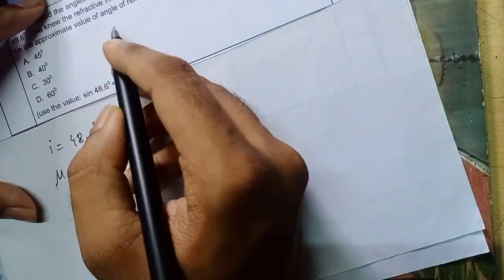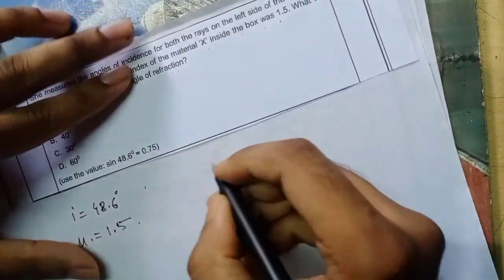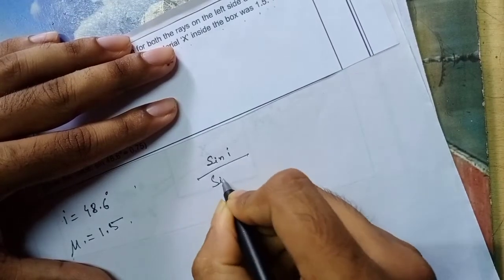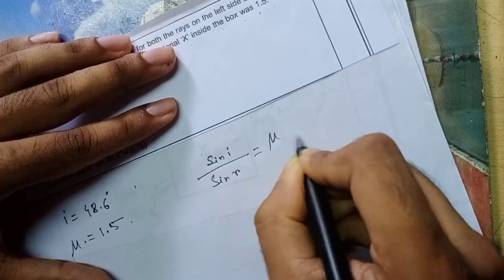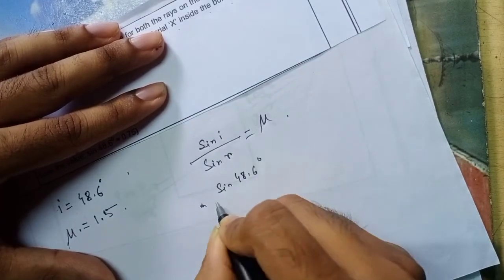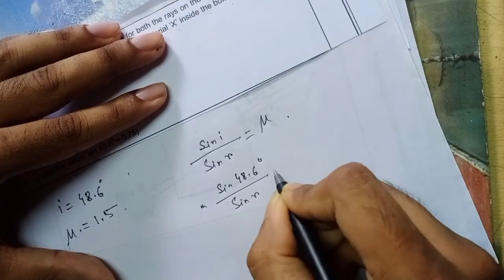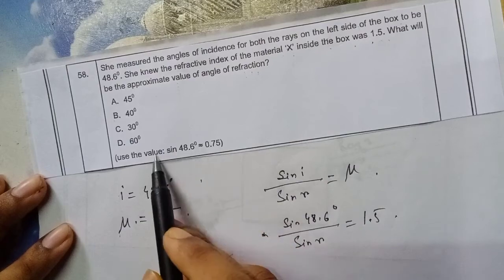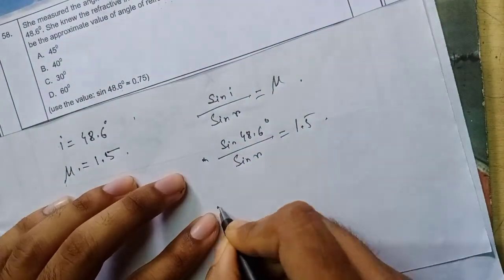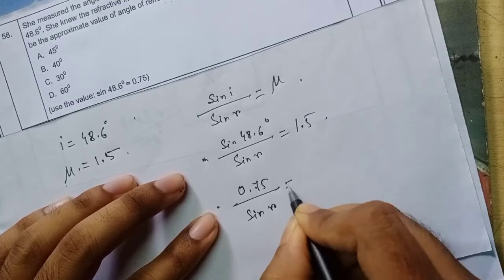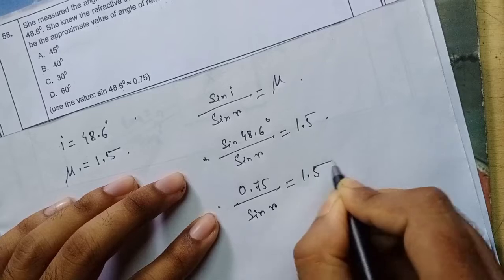So what will be the approximate value of refraction? We know that sine of angle of incidence by sine of angle of refraction equals mu, or sine of 48.6 degree divided by sine of r equals 1.5. Now sine 48.6 is given as 0.75, so 0.75 divided by sine of r equals 1.5.